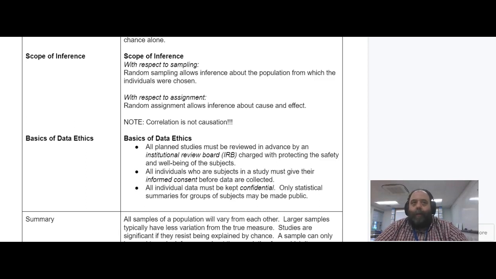So by doing the random assignment, you can start to make a suggestion here that the change in the explanatory variable is actually causing the change in the response variable. Now, you can draw an inference that way.